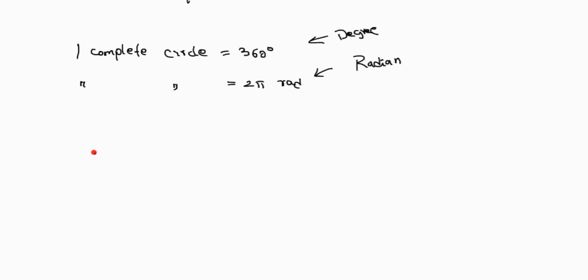So we can easily relate 360 degree will be equal to 2 pi radian.